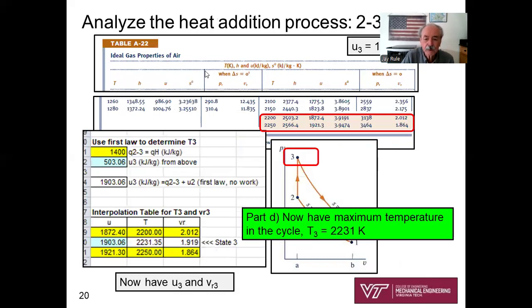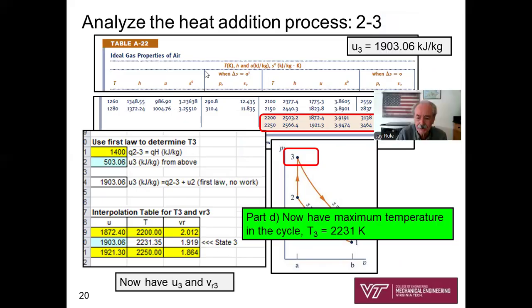All right, next we're going to analyze the heat addition process. That's where the spark lights off the combustion, and it's pure heat addition. There's no work done. So let's see, what would I do for that? I'd write the first law. I just found U2, didn't I?